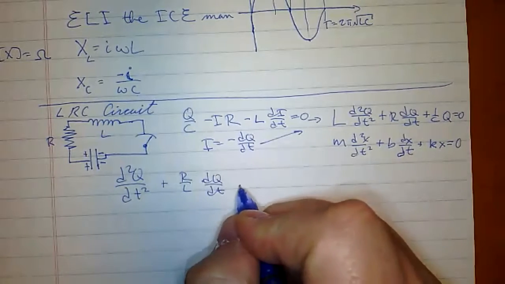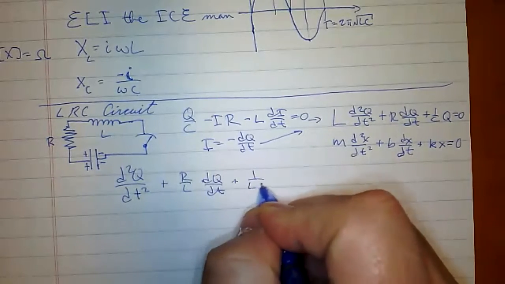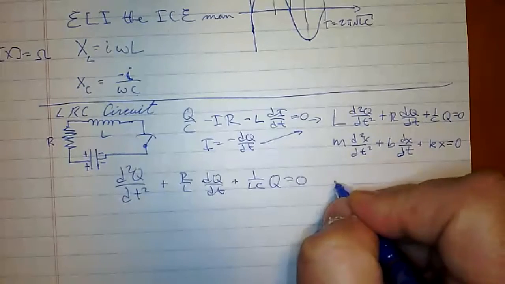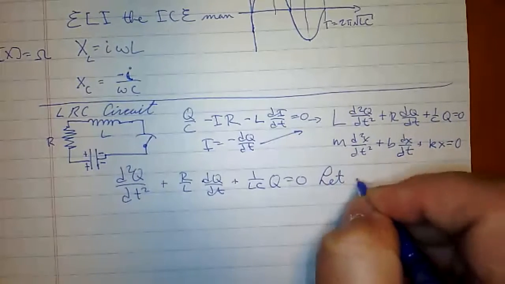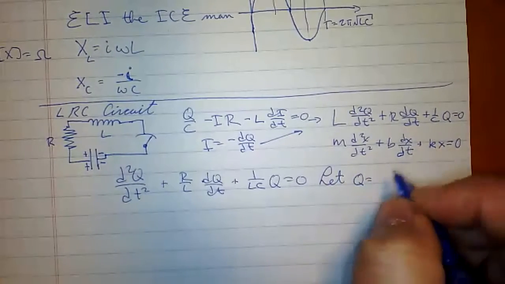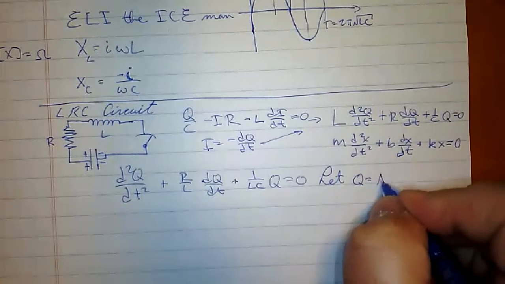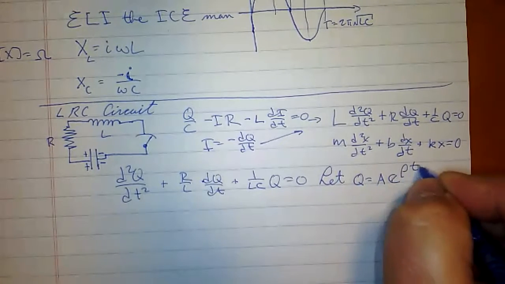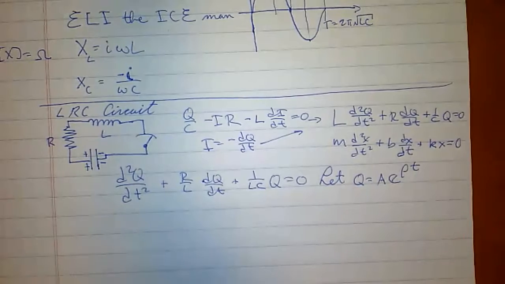And then again, dividing by L, I get 1 over LC Q. All that's equal to 0. I'm going to say let Q equal some constant A times e to the rho t. Okay. That's the big deal.